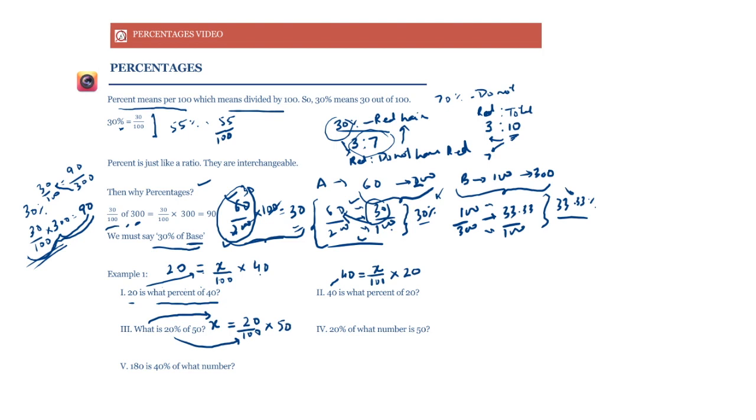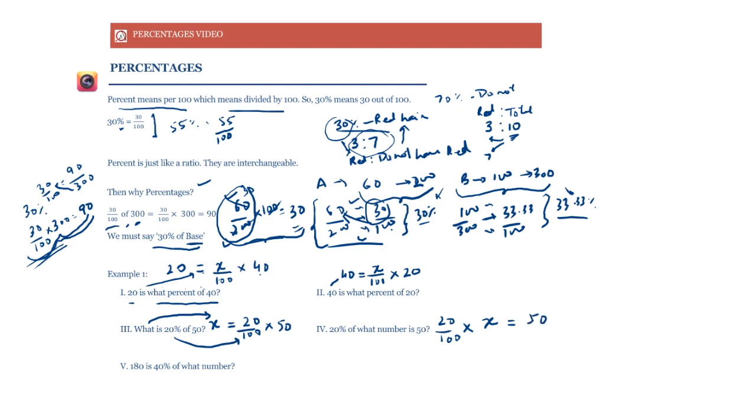Okay, 20%. So 20% is 20 upon 100. Of is multiplication. What is X? What number? 20% of what number? What number is X, is equal to, and 50 is 50.